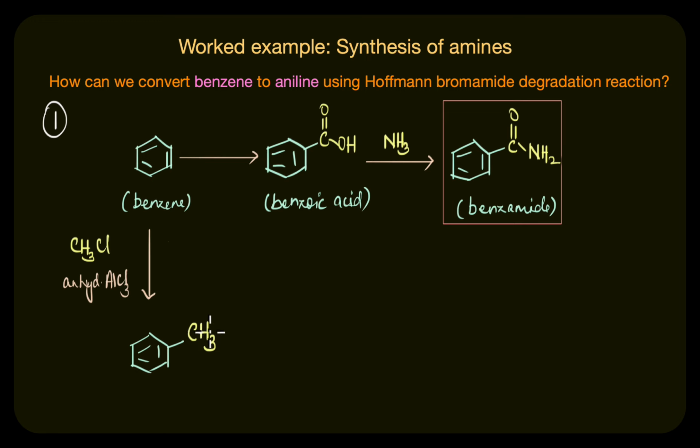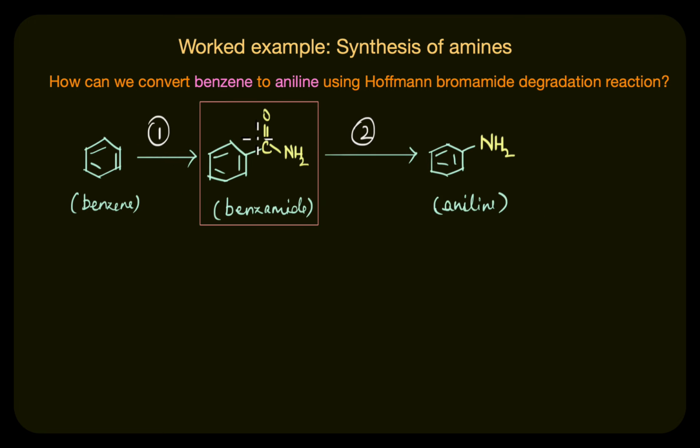And this toluene, the alkyl group, can be easily converted to benzoic acid by using a strong oxidizing agent, alkaline KMnO4. Now these are things that you've already learned. We are simply doing a recall in this video. So benzene to benzoic acid can be attained through a Friedel-Crafts reaction followed by oxidation, and benzoic acid to benzamide by simply treating it with ammonia.